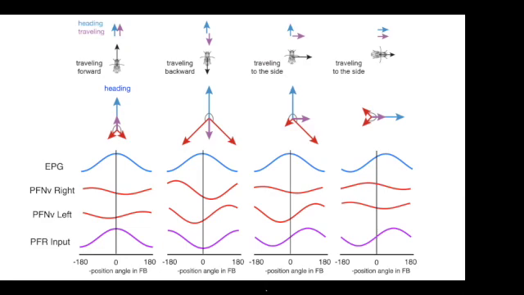And what I told you is that, to figure out where the bump of PFR activity is, we just have to look for the maximum of that input, because the line attractor should just drift to that maximum. And if you look, the maximum is exactly at the right place. It's at the angle of the purple vectors, which is the traveling direction. So basically, this is the picture of how traveling direction is computed.